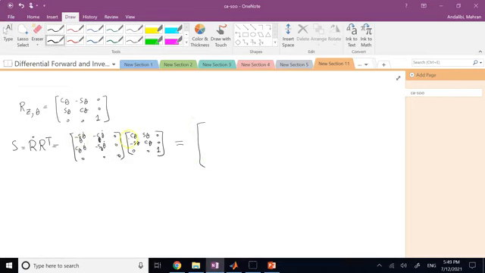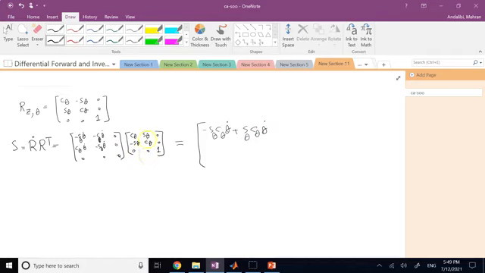First row times first column, you get negative sine theta, cosine theta, theta dot, plus, you see here, that's negative sine, that's negative cosine, so plus sine theta, cosine theta, theta dot, and then 0 times 0.